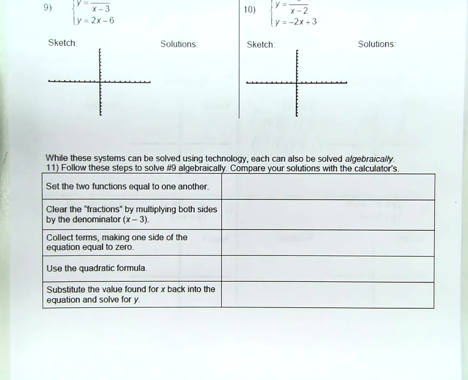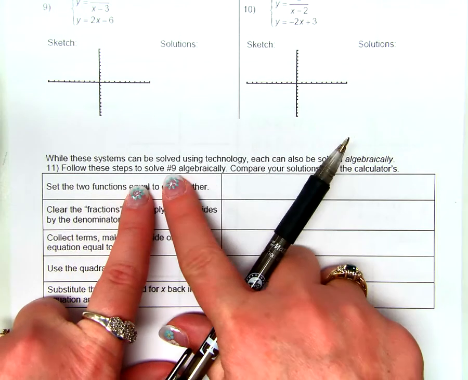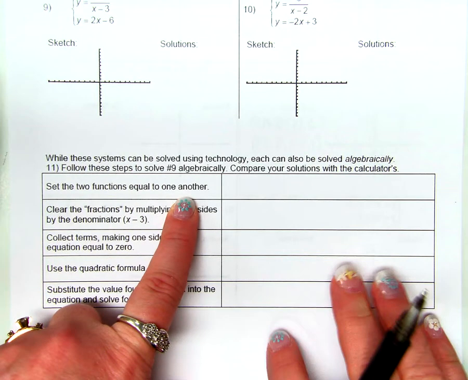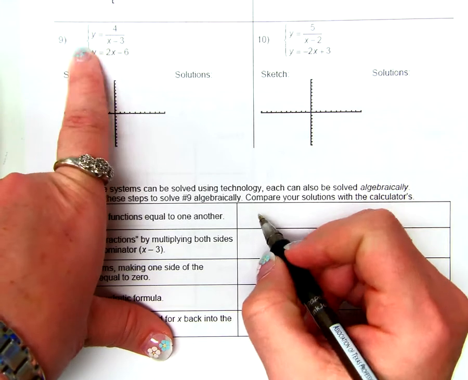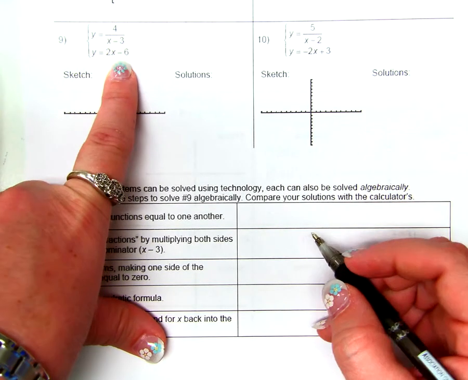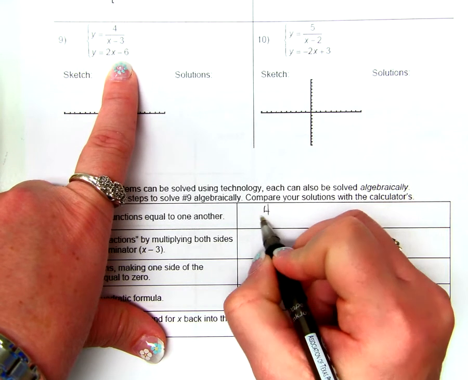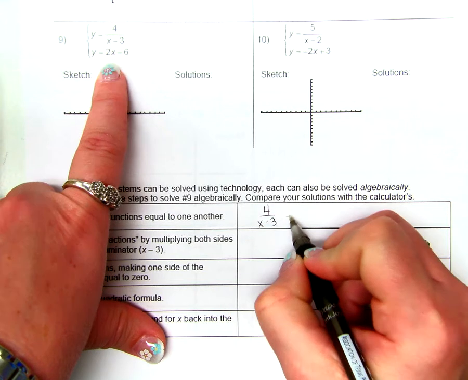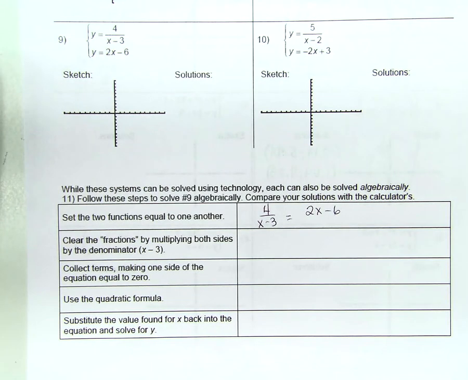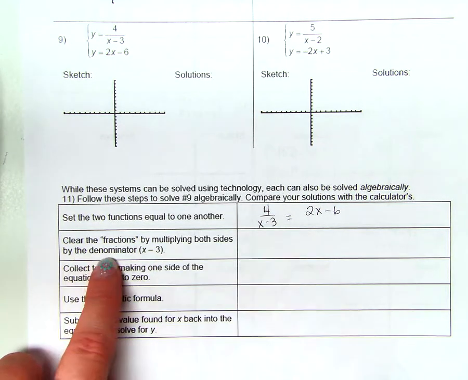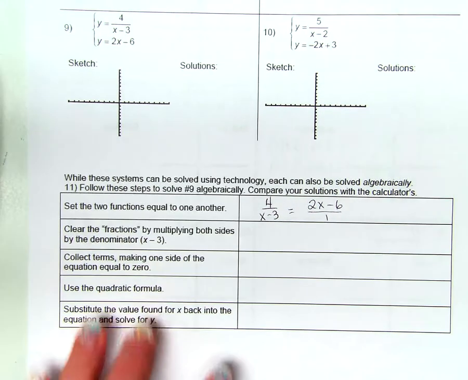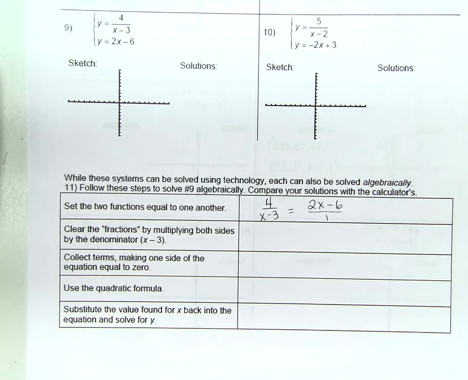Okay, so in order to solve number 9 algebraically, we need to set the two functions equal to one another. Okay, these two functions have to be set equal to each other. Y equals this and y equals this, so these two things should equal each other. So we have 4 over x minus 3 equals 2x minus 6. Okay, it says clear the fractions by multiplying both sides by the denominator. We can do that, or we can just basically cross multiply since it is two fractions set equal to each other.